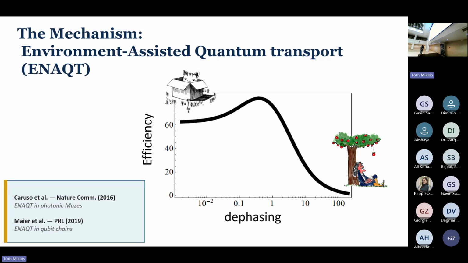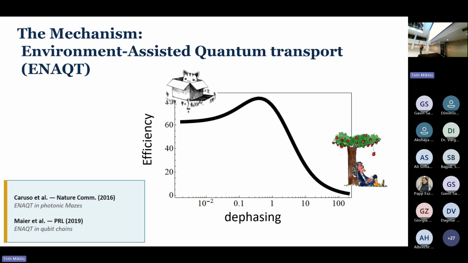And the first ideas in this field came from many groups, maybe originally from Caruso, and Caruso and Meyer measured this in a realistic system, but they came even before that, in Martin Plenio's group and Alán Aspuru-Guzik's and so on. And the idea is what we call environment-assisted quantum transport, or ENAQT. If you look at some measure of efficiency as a function of, let's say, dephasing rate: if dephasing rate is 0, you're in a fully isolated quantum system. If dephasing rate is very, very fast, you're in a fully classical system.